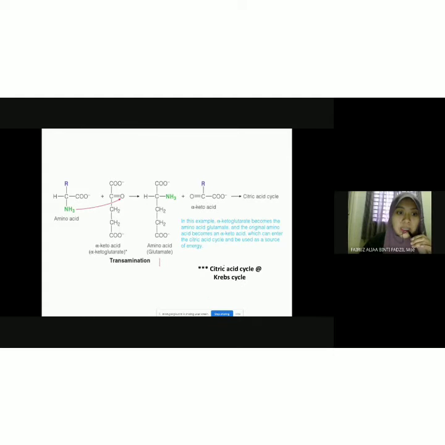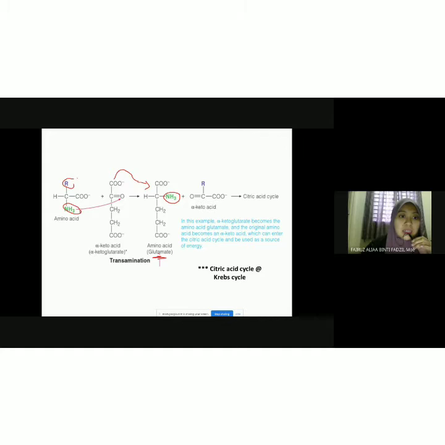If you can see here, the amino acid has the amino group. This amino group will transfer to the alpha keto acid. So the alpha keto acid, now receiving the amino group, becomes glutamate. Then what happens to the amino acid here?